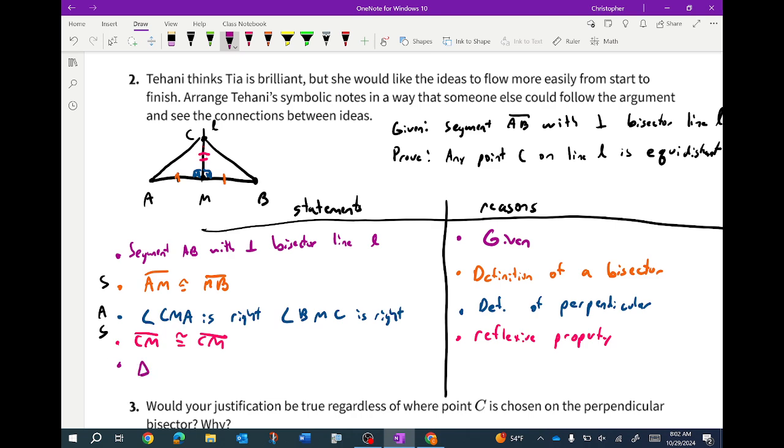So triangle CAM is congruent to triangle CBM by SAS congruence.